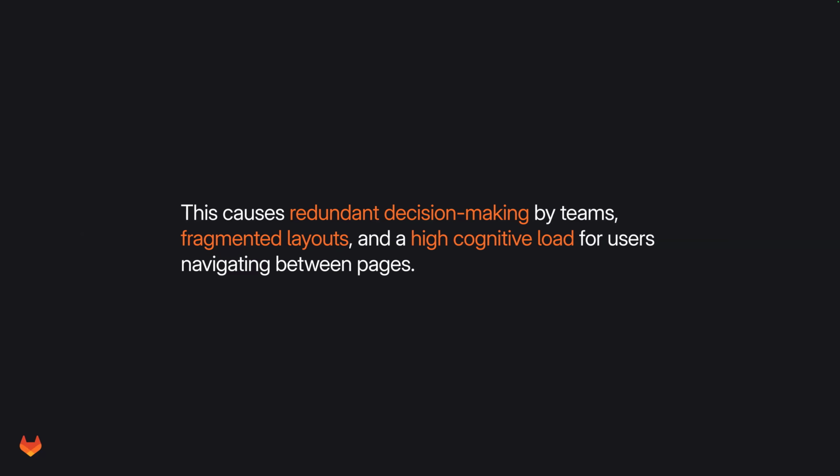Throughout different devices, different breakpoints. This is also because we don't have a shared base foundation for that layout, rather teams owning their own stack, right? So this is where the fragmented layout comes from.